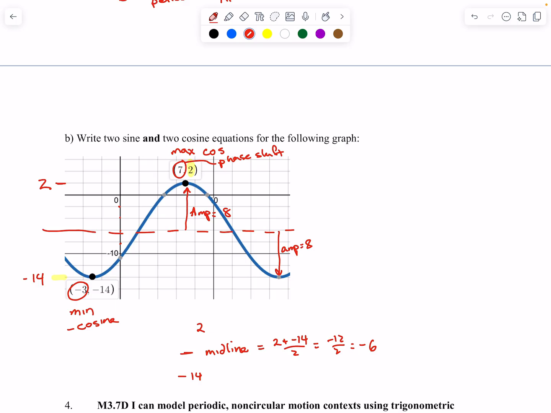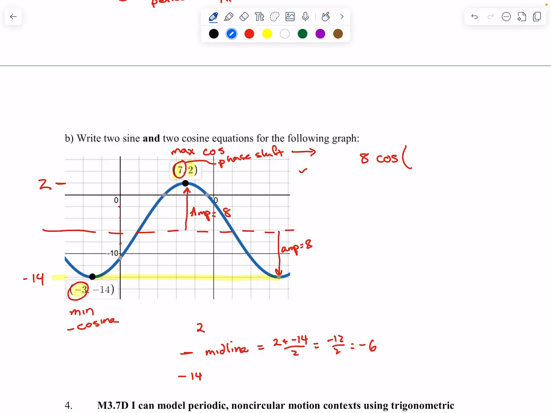So what do I want? For cosine, I'll have a phase shift of 7. So I can say 8 cosine. Ooh, I need the period. The period is the horizontal distance between repeated things. Or we can say it's twice the horizontal distance between min and max.